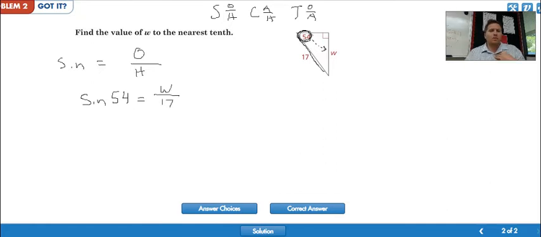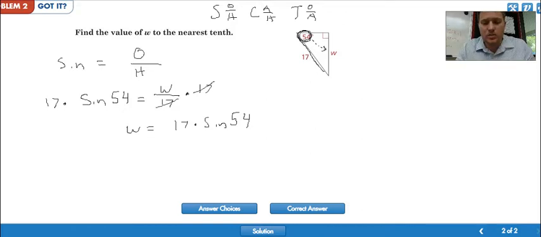What I'm going to do is rearrange this to get W by itself, so I'm going to multiply both sides by 17. These cross off, and this gives me W equals 17 times sine 54.